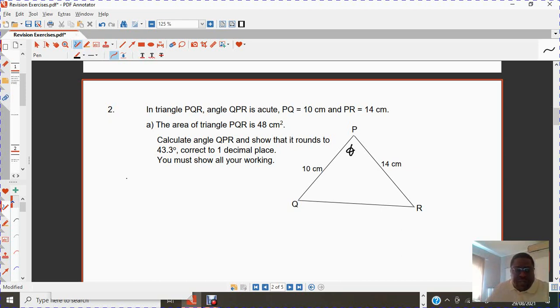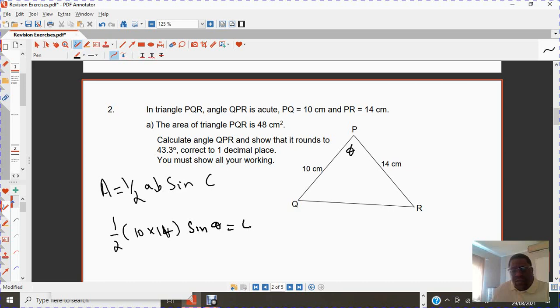Now, in order for you to calculate the area of a triangle which is not a right angle triangle, you are supposed to be familiar with this particular formula. You take half of the sides that flank the angle, which is 14 times 10, and then you multiply that by the sine of theta, and that should give me 48, because 48 is the area that I have here.